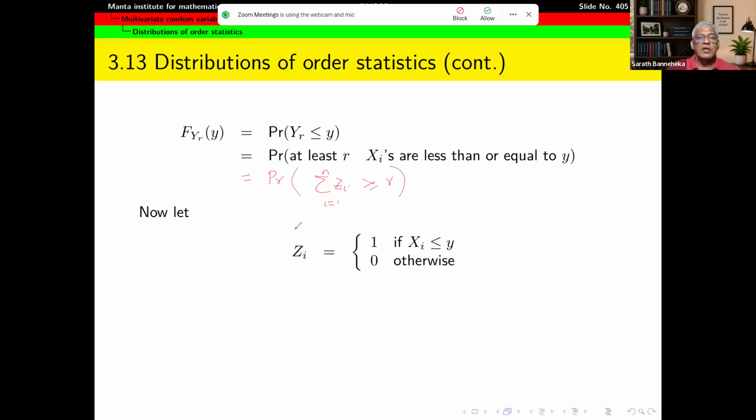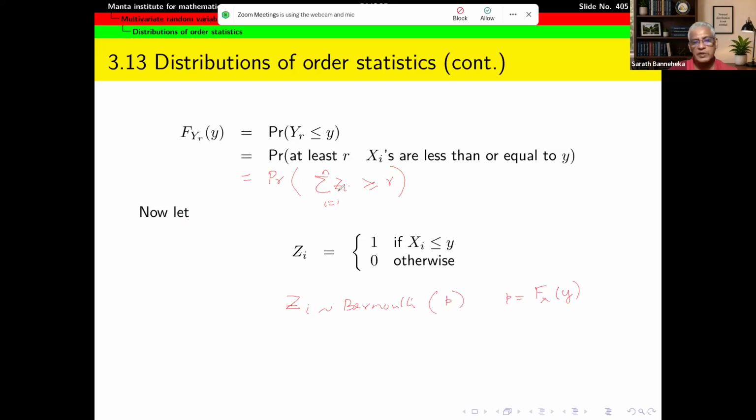Now, each Zi is Bernoulli with some p, where this p is equal to F_X(y), because F_X1(y), F_X2(y), F_X3(y), all those are the same. Therefore, this p is equal to F_X(y). So what is the distribution of this sum of Zi?